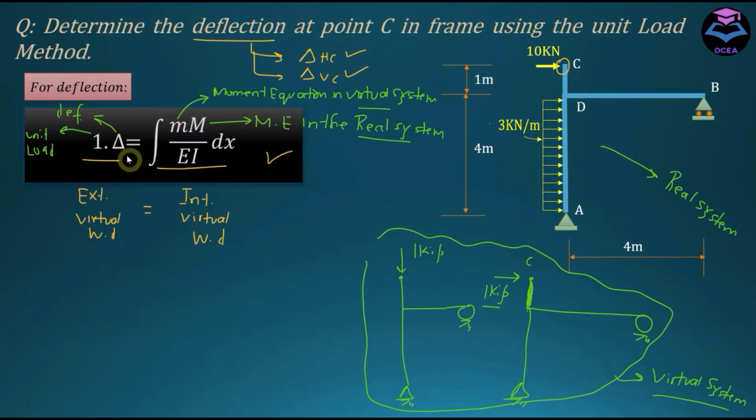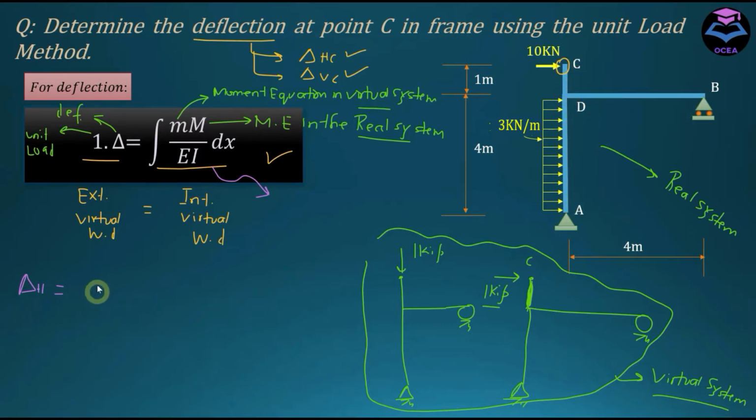So let's apply this formula to calculate the horizontal deflection. If I multiply something with 1, it remains the same. On the right hand side, this integral term is written for each member. How many members do we have? We have 3 members, AD, DC and DB.